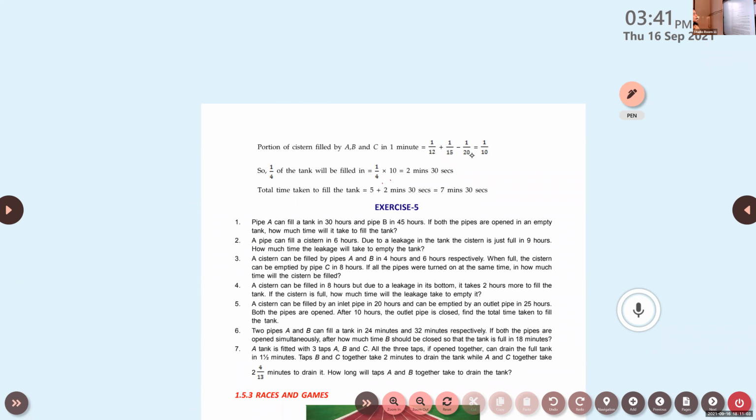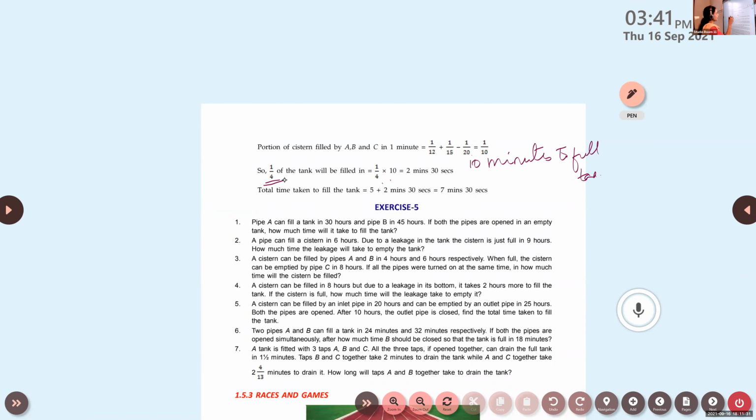So 1 by 4 of the tank can be filled in... is it clear? Here you can say it takes 10 minutes to fill the full tank. Here we don't want to fill the full tank. We want to fill only 1 by 4 of the tank because 3 by 4 is already filled.